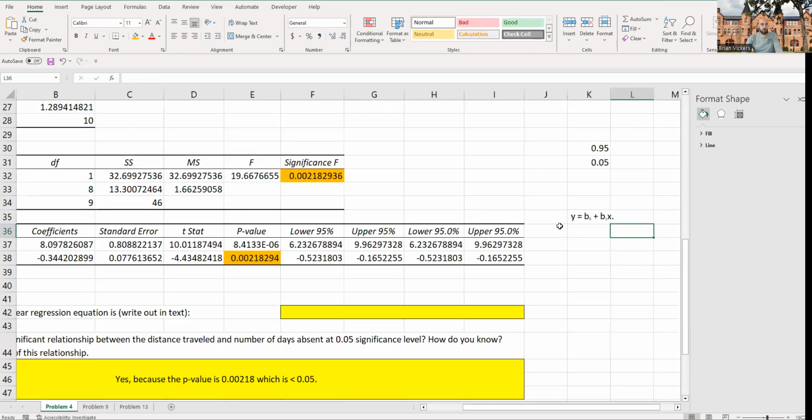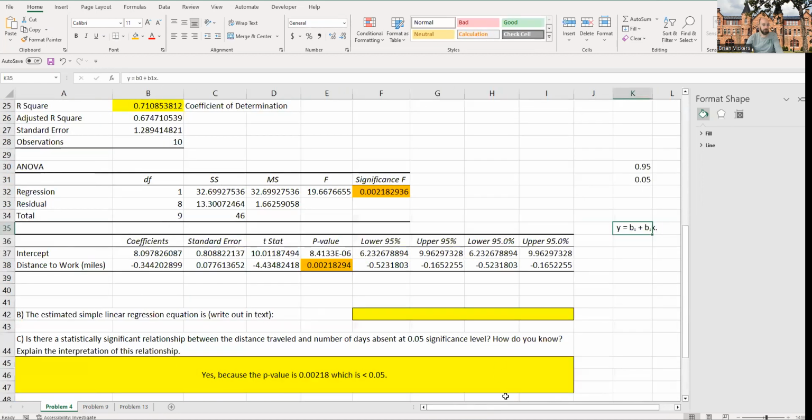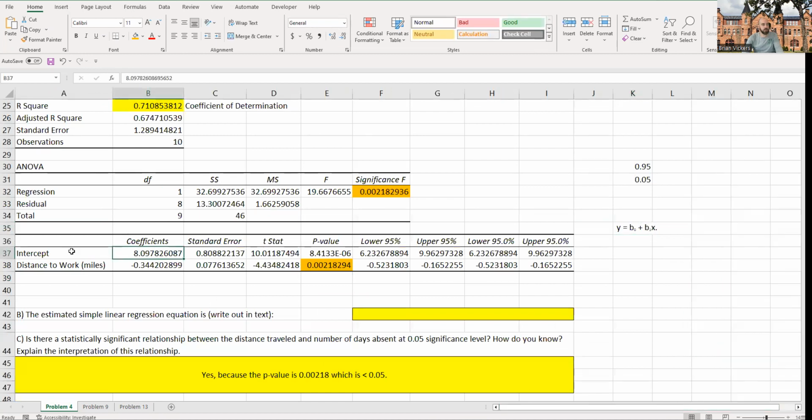Okay, so which one of these is the intercept? What's the value I'm looking at here? So if I zoom in just a little bit, the intercept is going to be the coefficient of the intercept. That's this point. This is at 8.097. So in this formula, what I'm going to write is that y equals this value. Let's go to 4 decimal places.